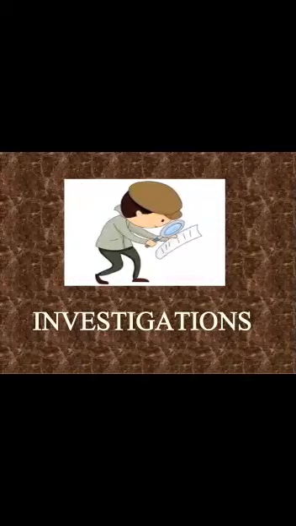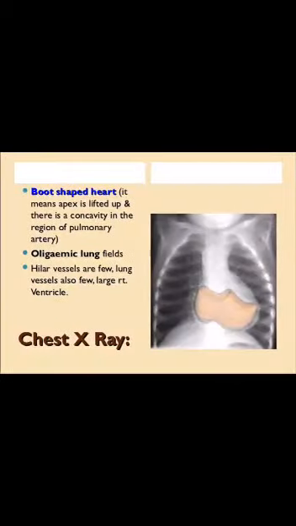Then next is investigation. Which type of investigation can we do in tetralogy of Fallot? First is chest X-ray. I am also telling, boot-shaped heart. It means the apex is tilted up and there is a concavity in the region of the pulmonary artery on chest X-ray, like a boot shoe heart.